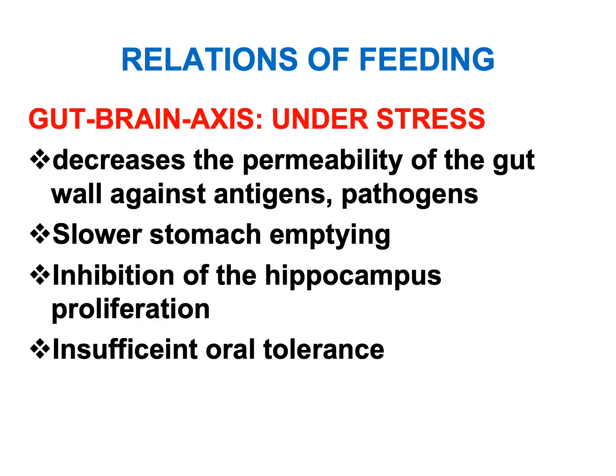And what is important, that there is a relation of feeding, and we have a gut-brain axis. Under stress, there is decreased permeability of the gut wall against antigens and pathogens, slower stomach emptying, inhibition of the hippocampus proliferation by the absorbed compound, and insufficient oral tolerance can be seen.